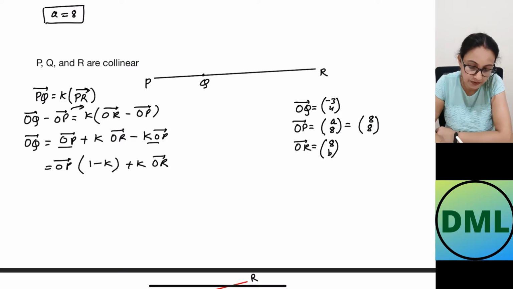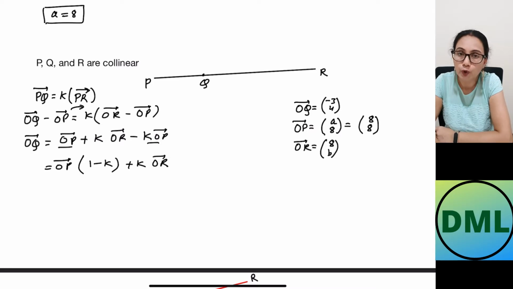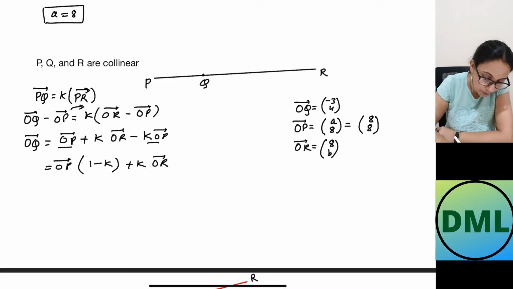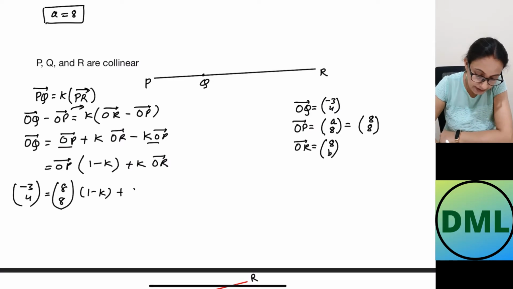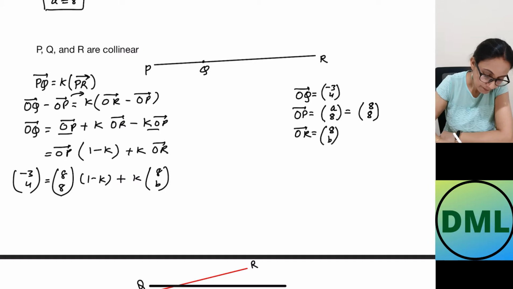Now, let's substitute the values for OQ, OP and OR. Now, OQ vector is -3, 4, which is equal to OP vector. OP vector is 8, 8 and then multiplied by (1 minus K) plus K times OR vector. OR vector is 8, B vector. Let's open this first here.